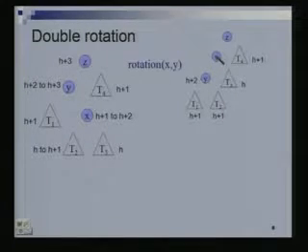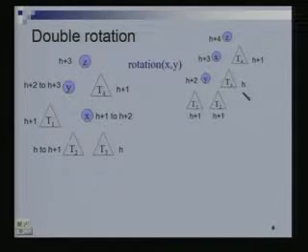Height of x will be h plus 3. Actually now there is an imbalance at x itself, because this has h plus 2 and this has h, so there is an imbalance here. And height of z would be h plus 4 because this is height h plus 3, one more, right. So this rotation has not done the job for us yet.